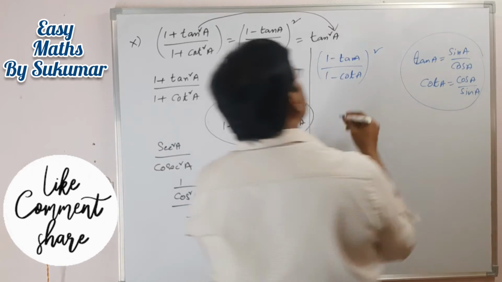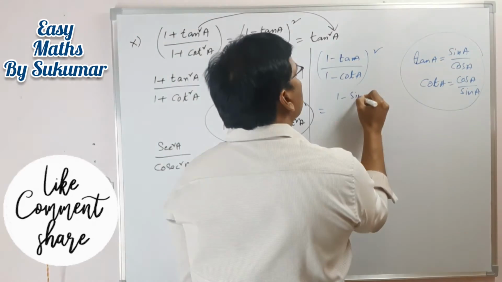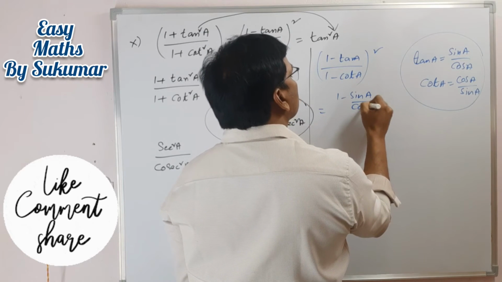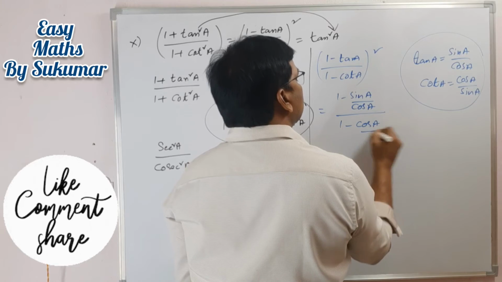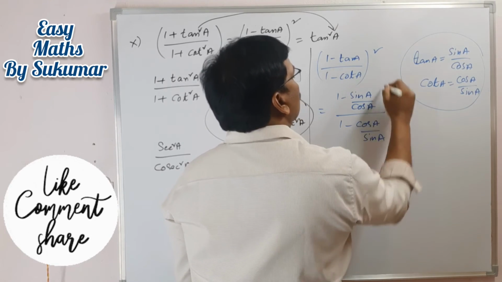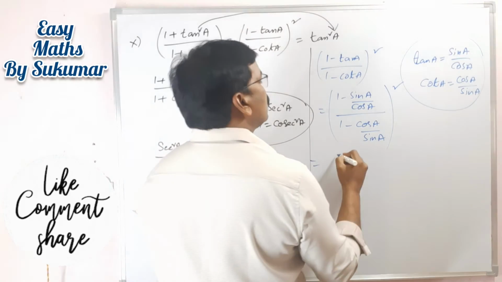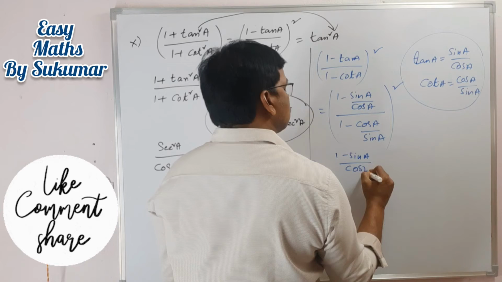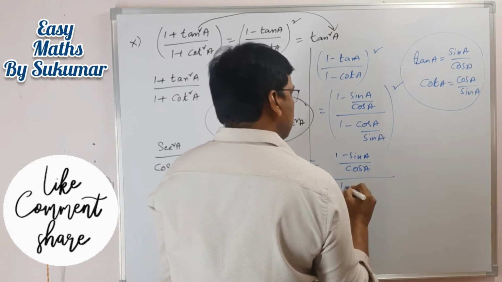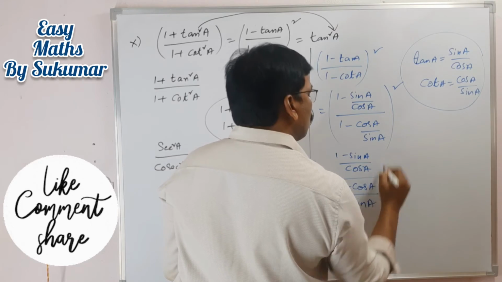So, my dear students, here this is equal to 1 minus sin a by cos a by 1 minus cos a by sin a whole square.